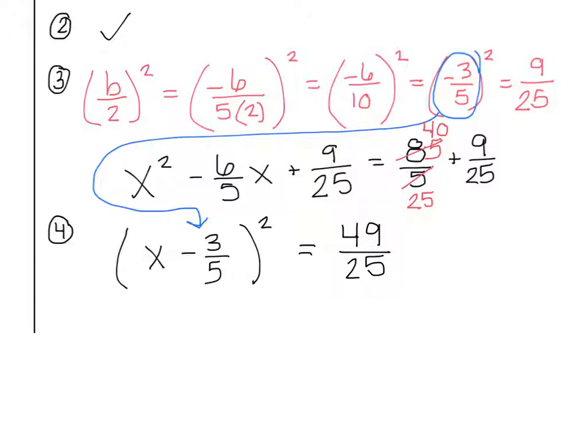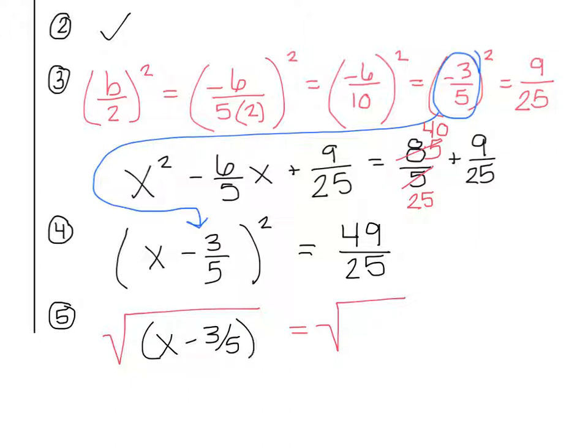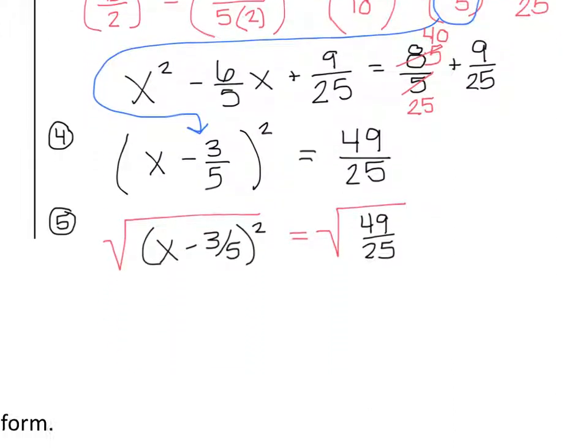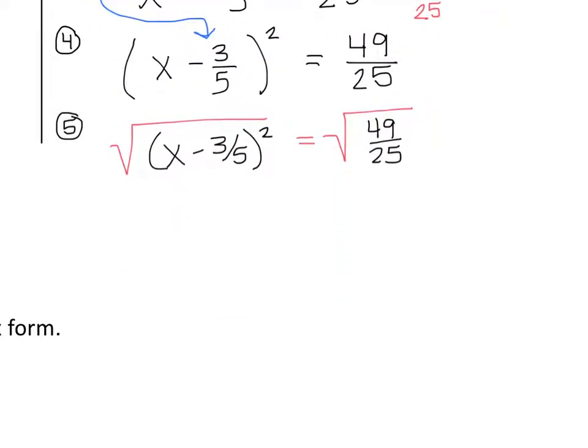All right, step 5. What do we need to do? Square root both sides. So on the left side, we just get our x minus 3 over 5.